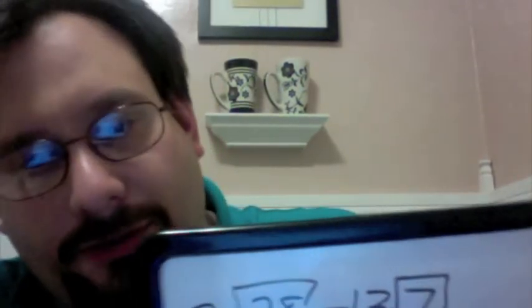If you look at the numbers 28 and 7, ask yourself, is 7 a factor of 28? Or can you divide 28 by 7 and come out with an integer, a non-fraction, non-decimal number? Well, 28 divided by 7 is 4.